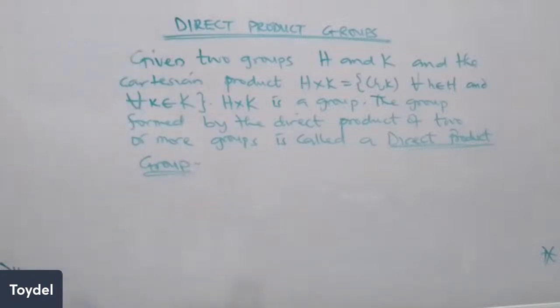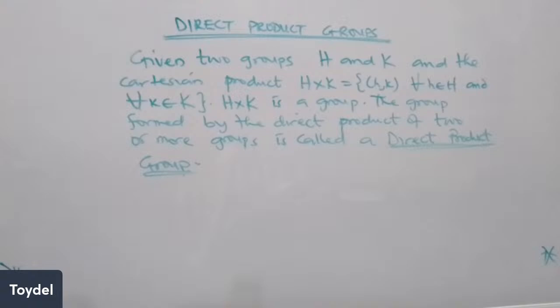Okay, now let's look at this. Given two groups H and K, as we have it on the board, and the Cartesian product H cross K, that is, small letter h is an element in H and small letter k is an element in group K, for all h in H and for all k in K, as we have it there.